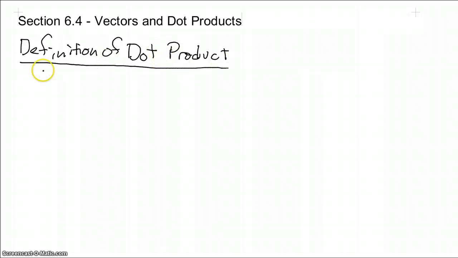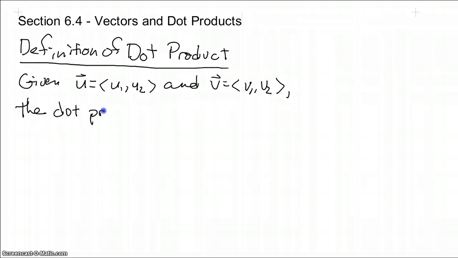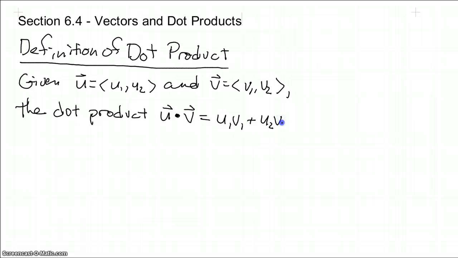Alright, so given vector u is u1 comma u2 and v is v1 comma v2, the dot product u dot v, notice that looks like a big multiplication sign, is going to be equal to u1 v1 plus u2 v2.